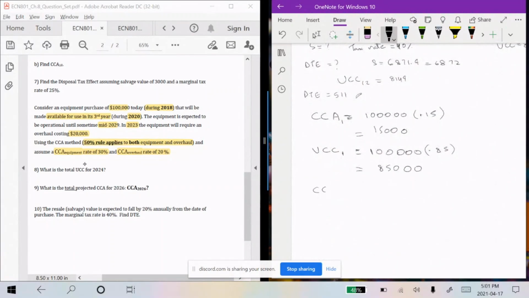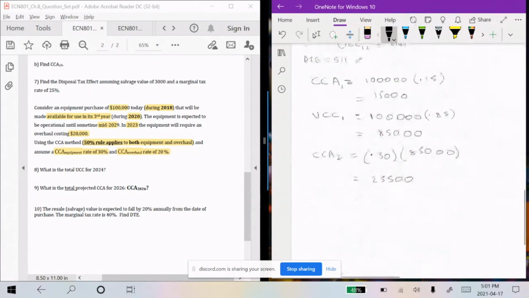Now for CCA 2, you just take the previous UCC and you subject it to the CCA rate, which is 30%, that is 0.3 into 85,000. Okay, so that is 0.3 into 85,000, which is 25,500. That's pretty much it. And then again, the UCC for the second year.